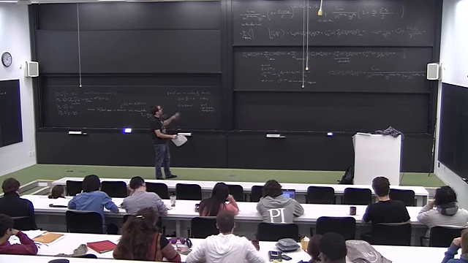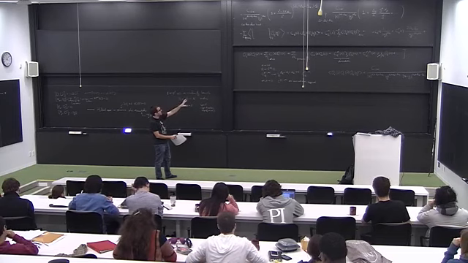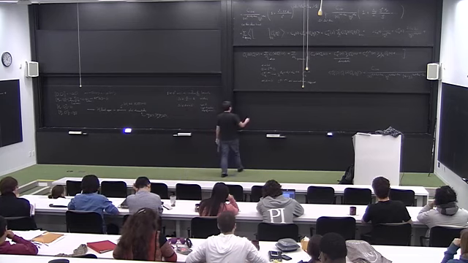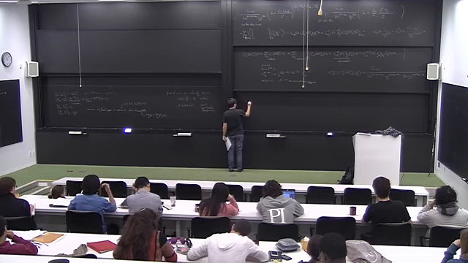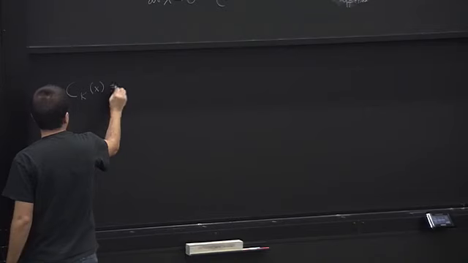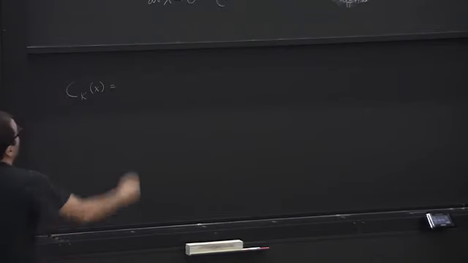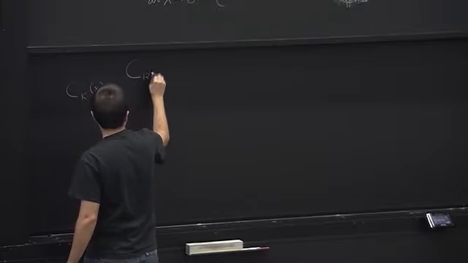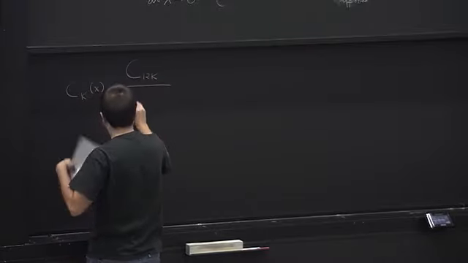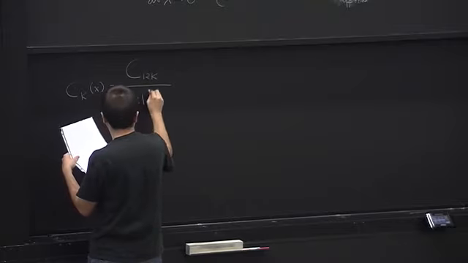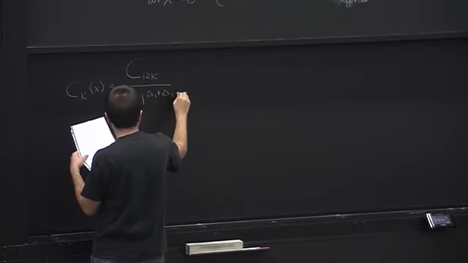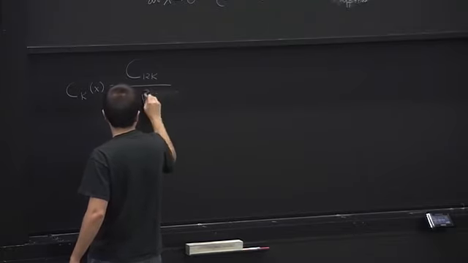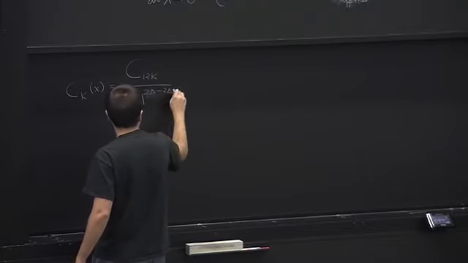By imposing that they are the same, we read off immediately what these c_k's are. So c_k(x) is given by the three-point function C_12k divided by absolute value of x to the power Δ1 plus Δ2 minus Δ_k. We were choosing the deltas to be the same, so 2Δ minus Δ_k.